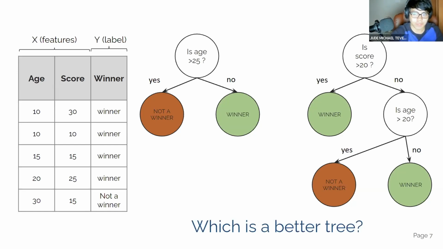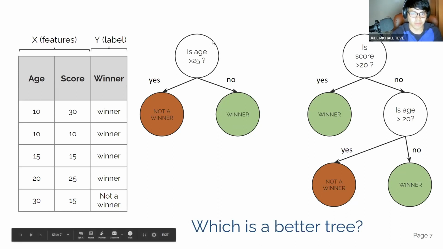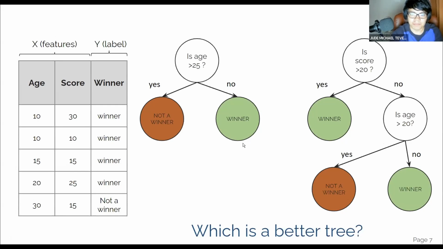Why is the right one better compared to this one? But yeah, we'll cover that criteria stuff later. We'll show different criteria that we could use for evaluating this model.